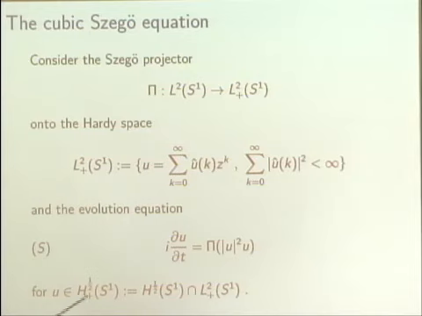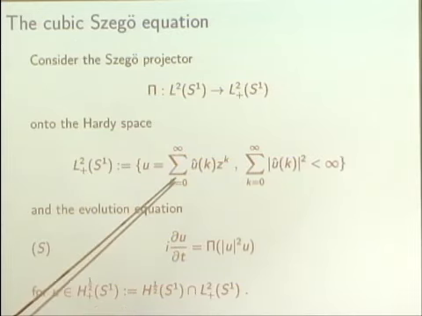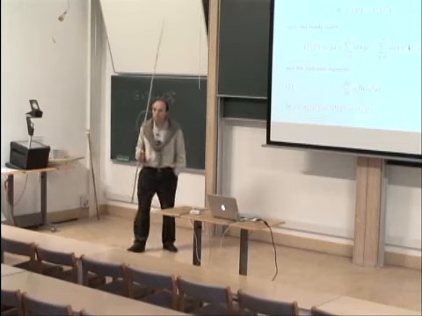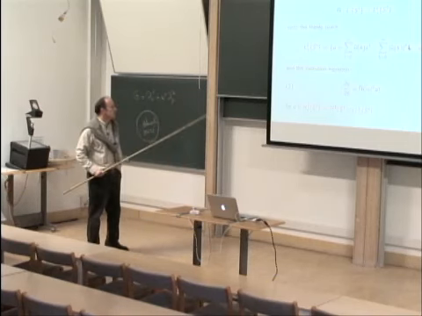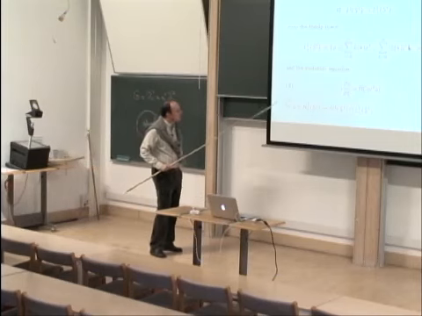And I claim that I'm going to study this equation in a phase space which is not L2, which is a little smaller than L2, which will be the Sobolev space H1/2 with, of course, non-negative Fourier modes, which I denote by H1/2 plus. Okay? So H1/2 plus is the Sobolev space H1/2 with non-negative Fourier modes.